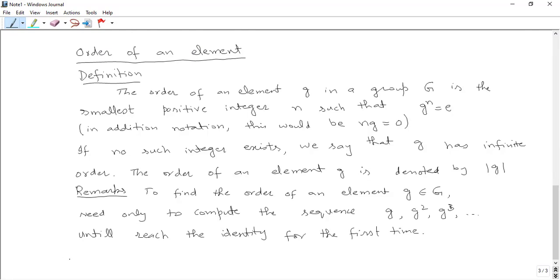And then that integer, which will be the power of that element when we arrive at the identity for the first time, is called the order of that element.